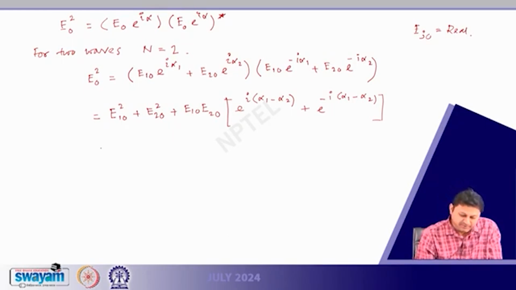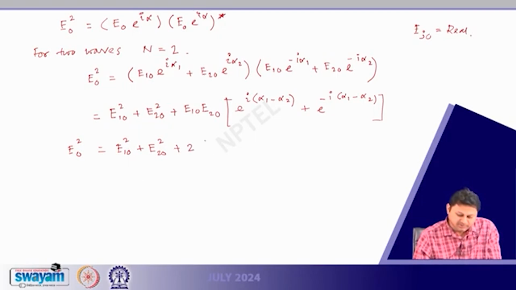It is exactly the same expression that we had in the calculation when we considered E in terms of cos function. So essentially we are going to get E10 square plus E20 square plus, and if I execute this term, it will simply come out to be 2 cos of alpha 1 minus alpha 2.